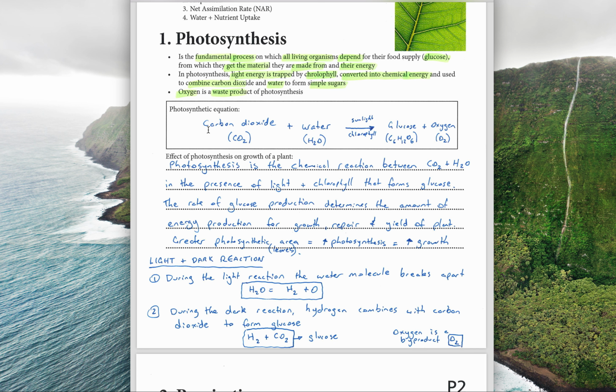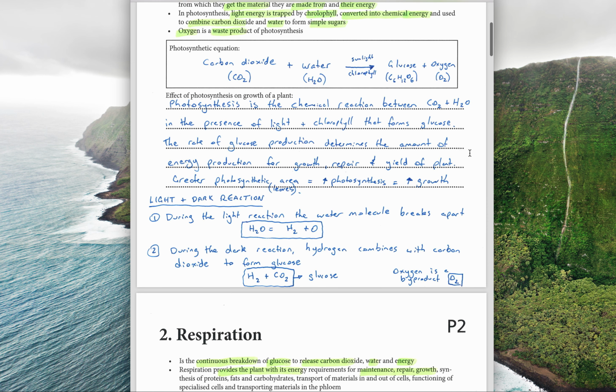First of all, we have carbon dioxide and water, and these are the inputs into photosynthesis. Then we have sunlight and chlorophyll, obviously required, and the outputs are glucose and oxygen. You should know already that oxygen is produced as a byproduct of this reaction, which puts oxygen back into the atmosphere, which we can potentially breathe, and we do.